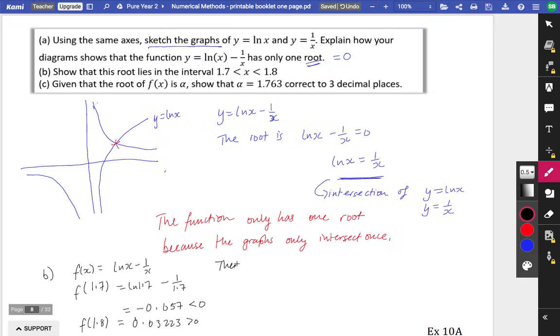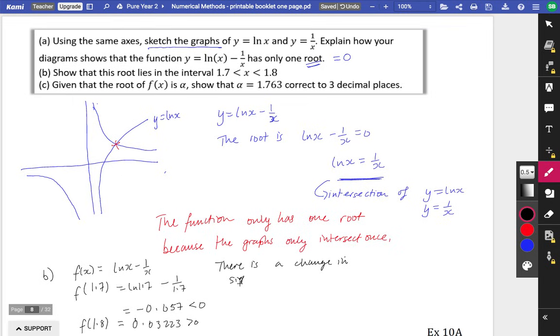There is a change in sign, and f of x is continuous. So the root lies in the interval 1.7, 1.8.